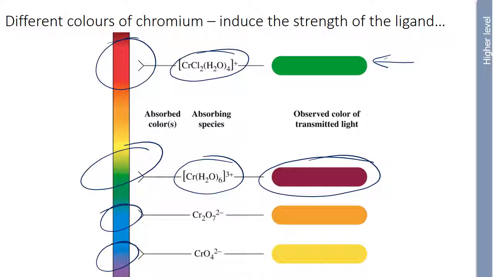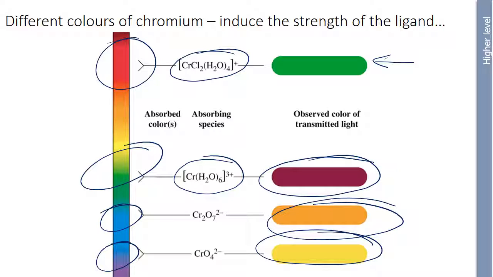You're going to get the corresponding high energy light being, well, complementary color being emitted. Okay, so that's the example of how changing the ligand can affect the split and therefore affect the color, not only the color being absorbed, because you need these high energy transitions, but also the color being emitted.